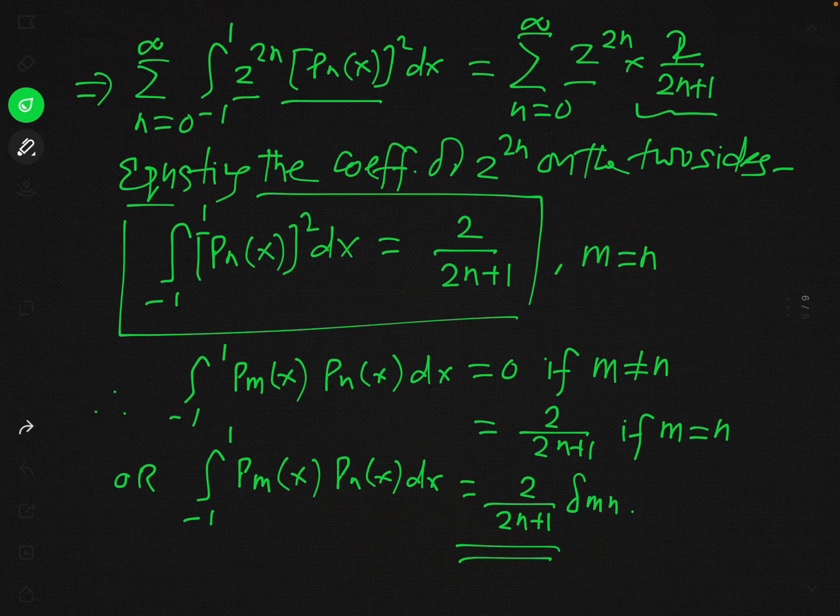And so you can see this orthogonality property of our Legendre polynomial has been proved. So this is the proof of this orthogonality property, but you should remember this property always, because whenever you solve numerical problems, you will definitely need to write this orthogonality property of Legendre polynomial directly.